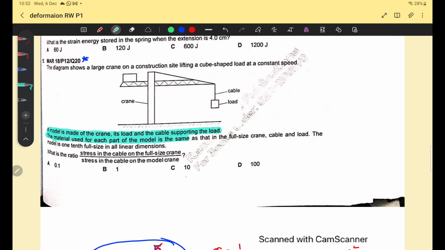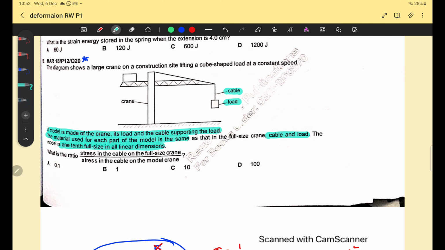When the material is the same, it means Young's modulus will be the same. And the main things are the cable and the load. This is the cable, this is the load. The model is 1/10 of the original size.